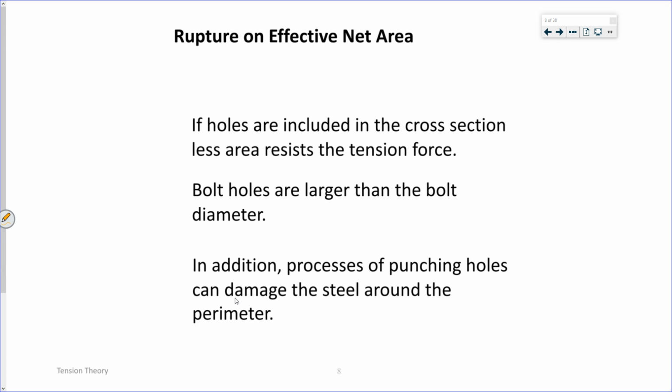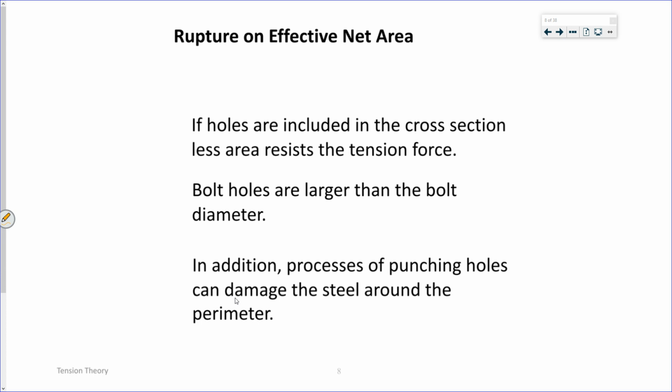Rupture, on the other hand, is over an effective area, because if you think about it, at connections, there's going to be holes punched in them for bolts, and that's going to reduce the cross-sectional area of the member that's in tension.